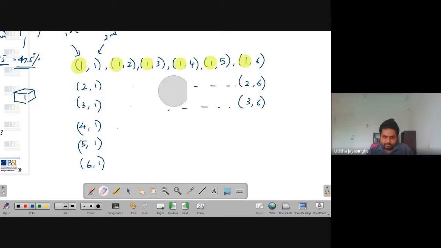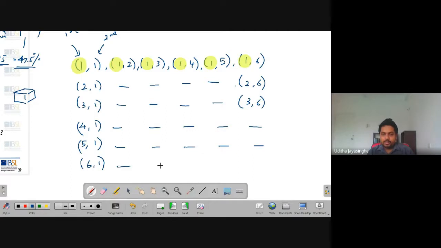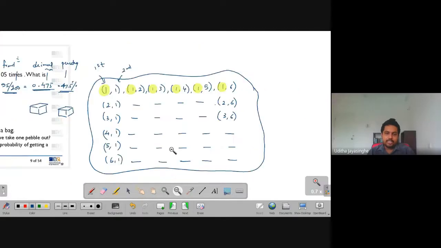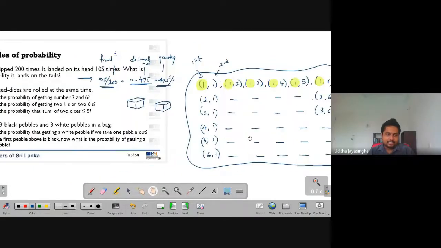Sorry. If I quickly mark all these spaces with ones, dashes, we can make it very comfortable at the end. Why? Because we have to not really take one particular instance, but rather see how many total different combinations we can bring in this simple question.